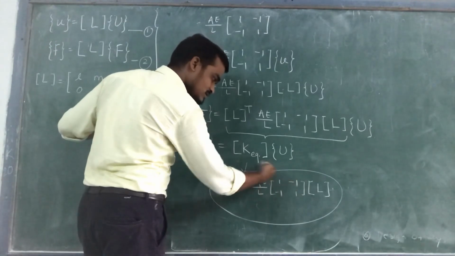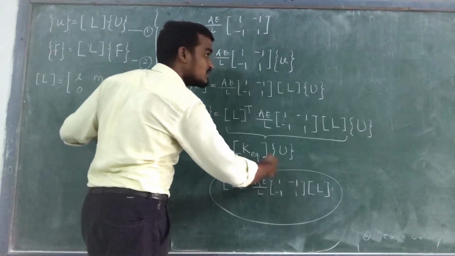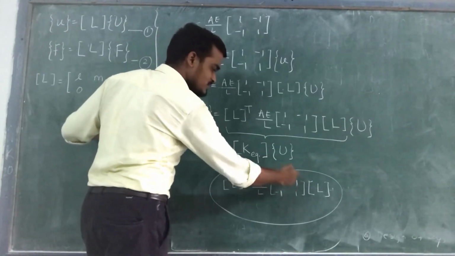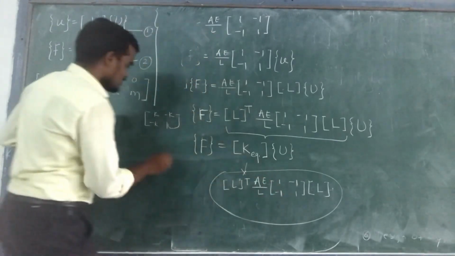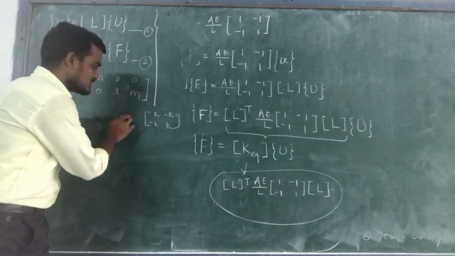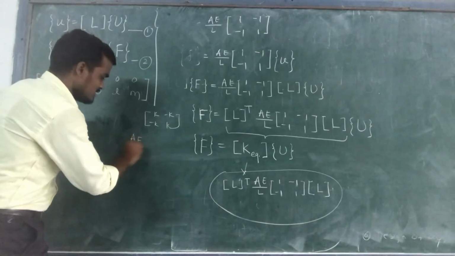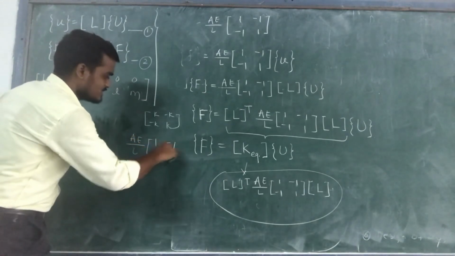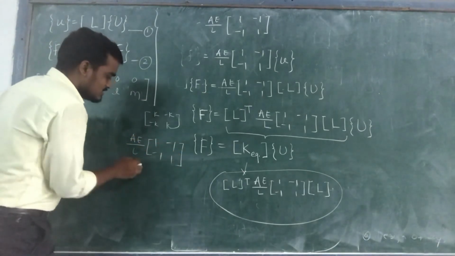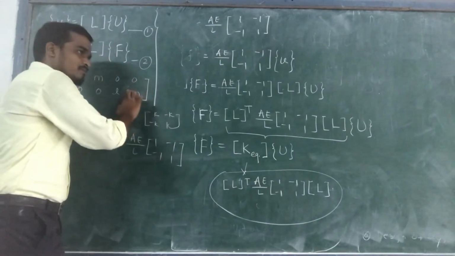This is the element stiffness matrix for the spring element. Then AE by L into [1 -1; -1 1] is the element stiffness matrix for your bar element.